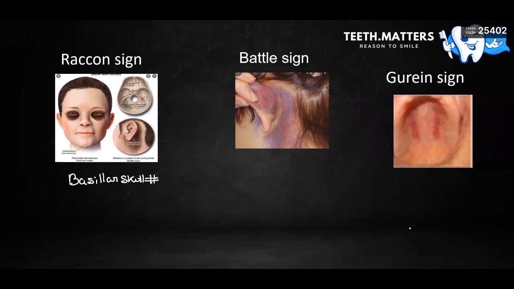Next sign is Battle sign. What is it? Ecchymosis in the mastoid region.